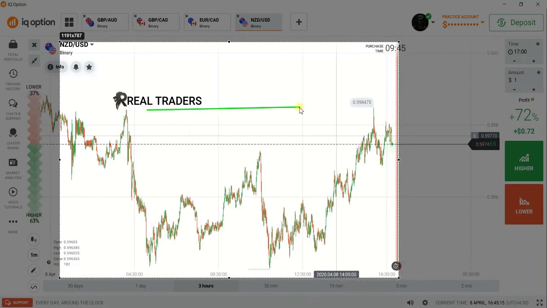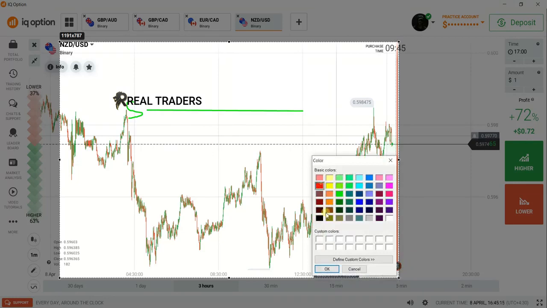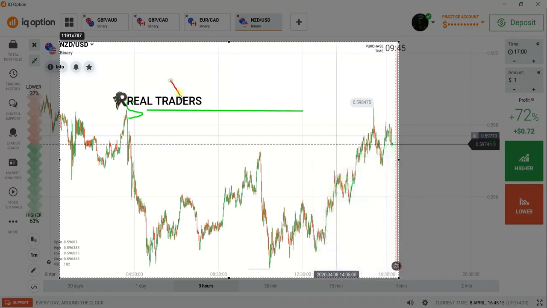The first one we want to talk about, if suppose it is a support level, is the double bottom pattern.